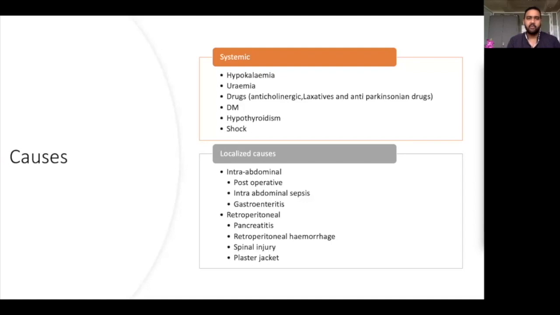So these are the common causes. Always think that there are systemic causes and localized causes. And in localized causes, you have to know there are intra-abdominal as well as retroperitoneal. So these are the important causes we should know.